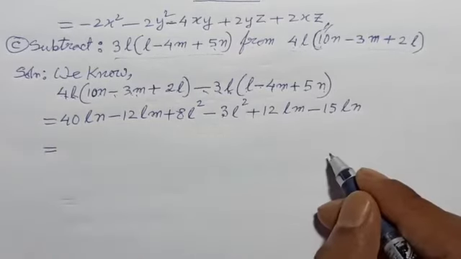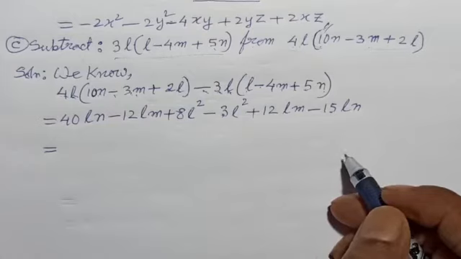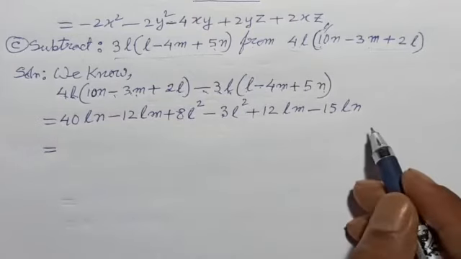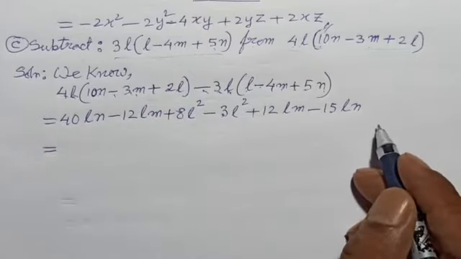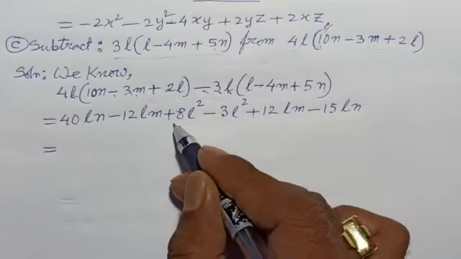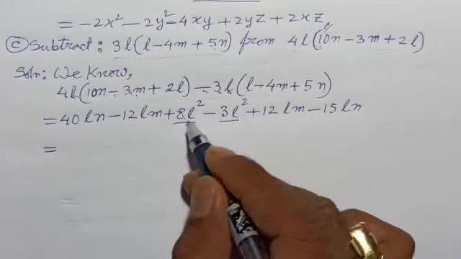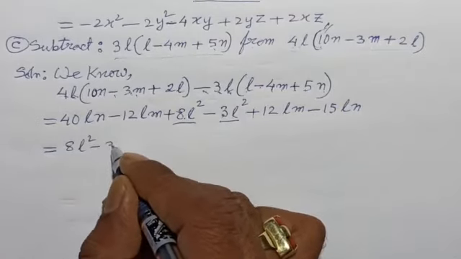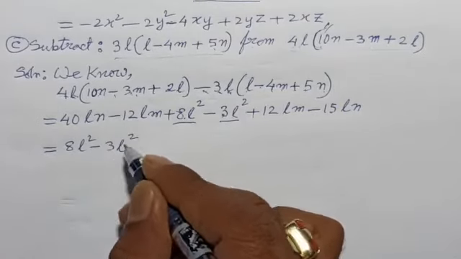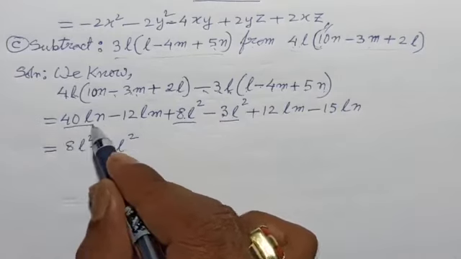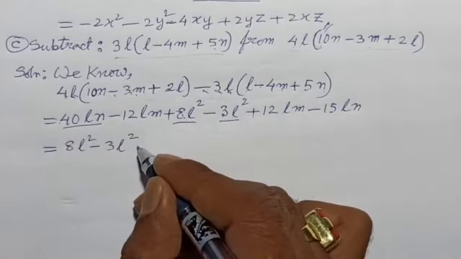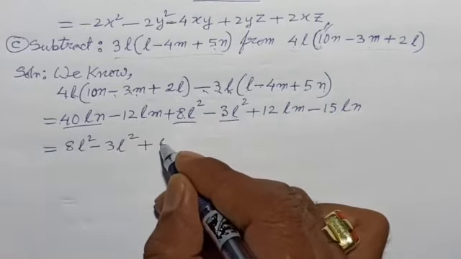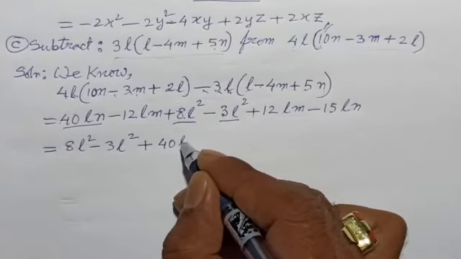Now let us arrange these terms. We have to select those terms which have power 2 first. So this has power 2, this also has power 2. So let's write these two together. 8l square minus 3l square. Then after that, let's write this. Here is plus sign. Plus 40ln.